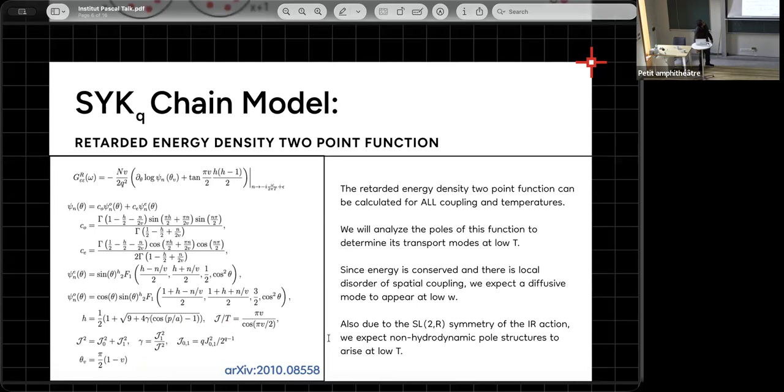Then there's a lot of calculation that occurs, but what you can do is find the retarded energy density two-point function, which is given at the top. Of course, there are a lot of different variables that depend on each other, which are well defined.